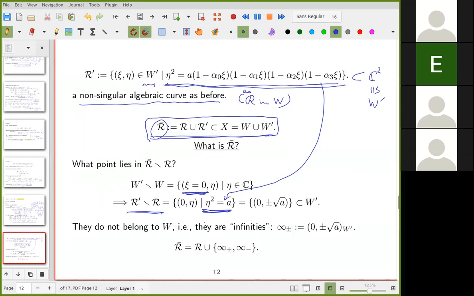Namely, we have 2 points in the complement of R prime, plus or minus square root of A. Recall that A, the overall constant, is not 0.